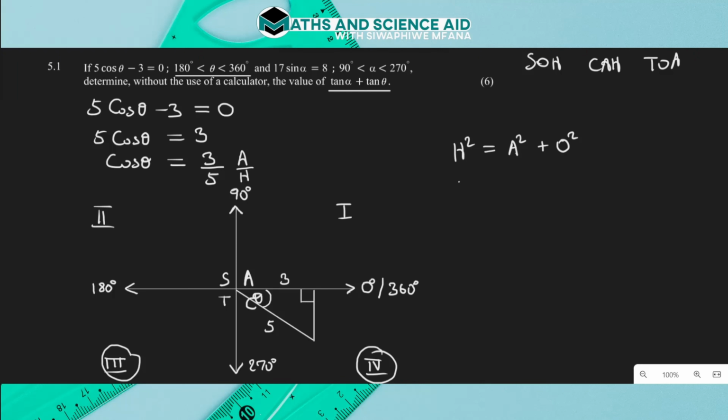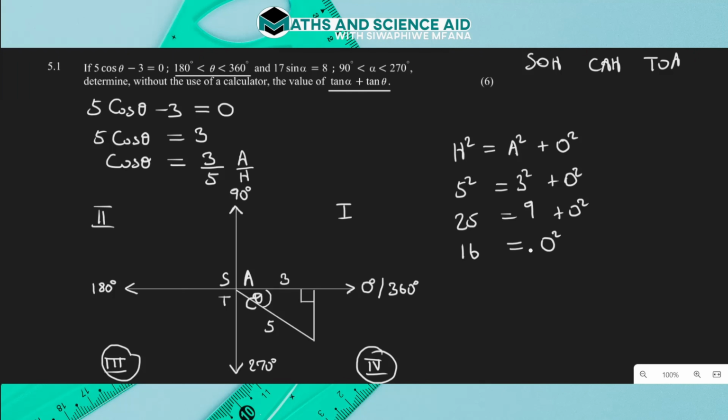And so this will be 5 squared equals 3 squared plus the opposite side squared. And 5 squared is equal to 25, while 3 squared is equal to 9. So we need to transpose 9 to the left-hand side, and that will give us 16 equals O squared.